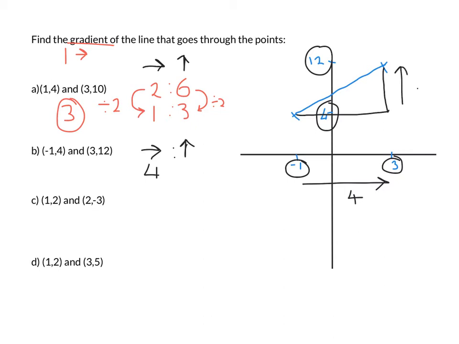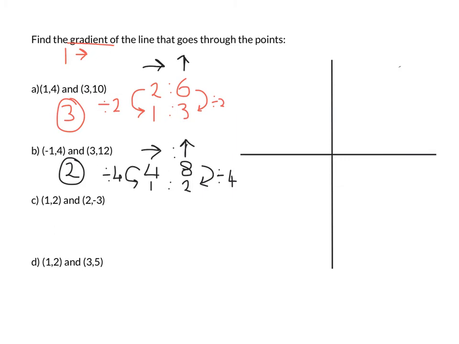So altogether that's going to be 8 up. Like I always say, for gradient we want 1 across. So what have I done this side? Well, I need to divide by 4. So I need to divide by 4 on this side, which is 2. So my gradient here is 2.